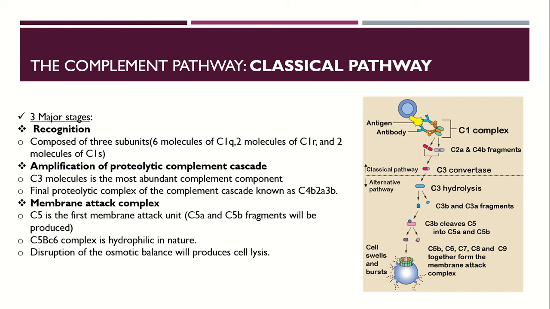In amplification or activation of the complement, the classical pathway C3 convertase will activate the C3 molecules. Take note that the C3 molecule is the most abundant complement component, and it depicts the most salient step in the process of the complement activation. Upon activation, the C3 will be cleaved into two fragments, C3a and C3b.